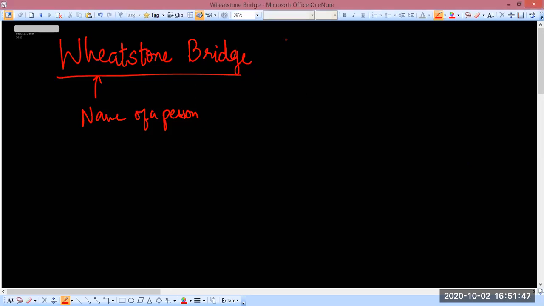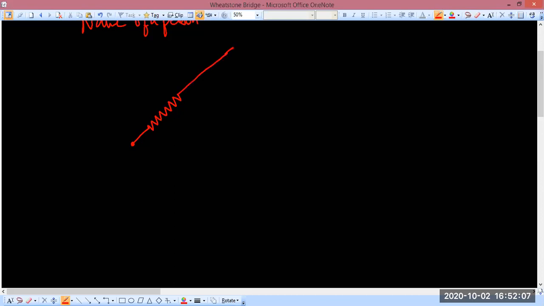Right? So now let's see what this thing is. Wow, Avinash. So the idea I put there. What is a Wheatstone Bridge? It is a special kind of arrangement like this. Okay, this is its circuit. We will draw how it looks practically later.